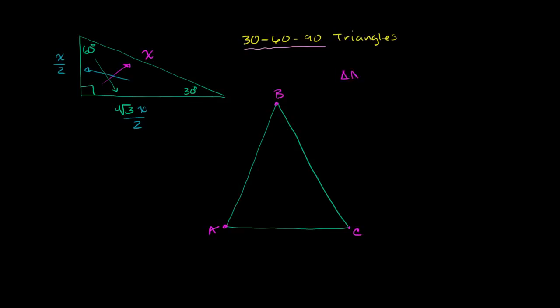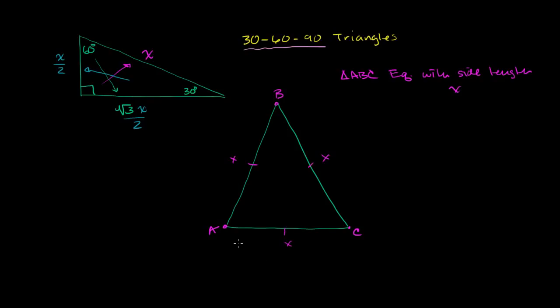So triangle ABC is equilateral. And if it's equilateral, that means all of its sides are equal. And let's say equilateral with sides of length x. So this is going to be x, this is going to be x, and this is going to be x.